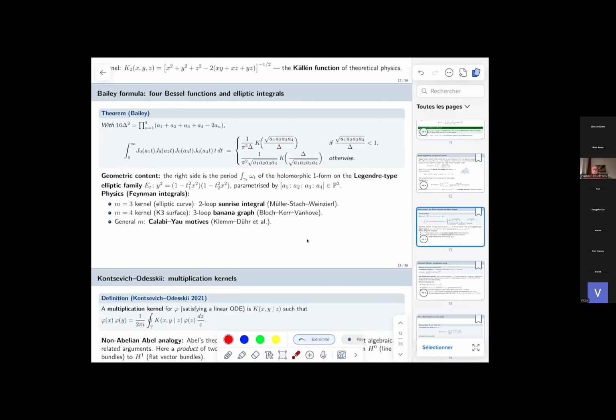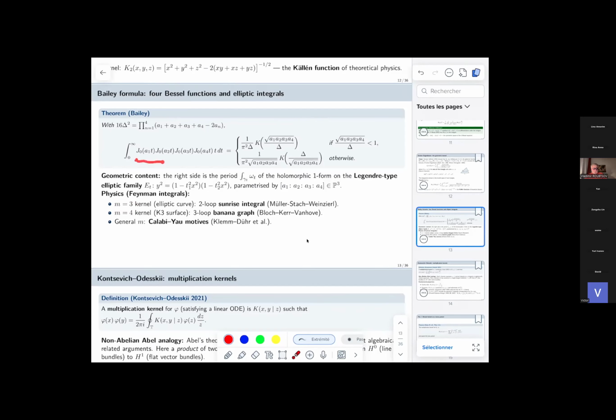Now, instead of considering the product of two Bessel functions, let's consider the product of three Bessel functions. Then we have an interesting elliptic family behind this in the kernel, and the corresponding product is a classical result.